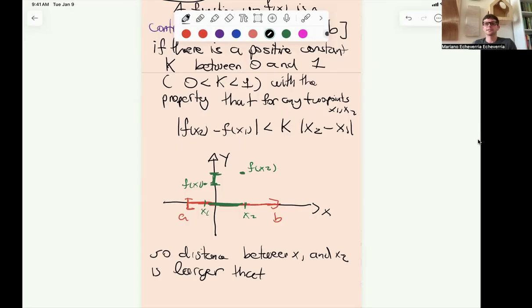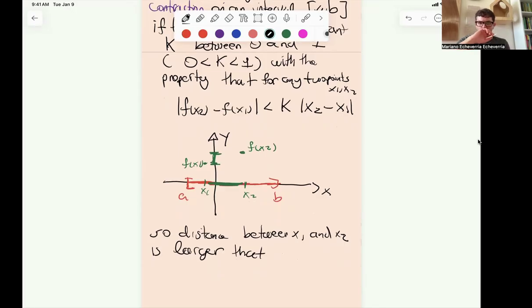So for example, if k is one half, that means that the distance of the images is for sure less than half the distance between the points. Because k is between 0 and 1, it shrinks it. You see.